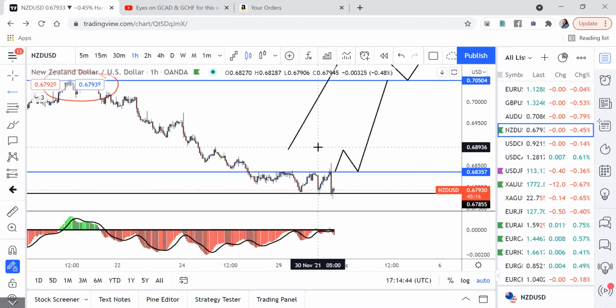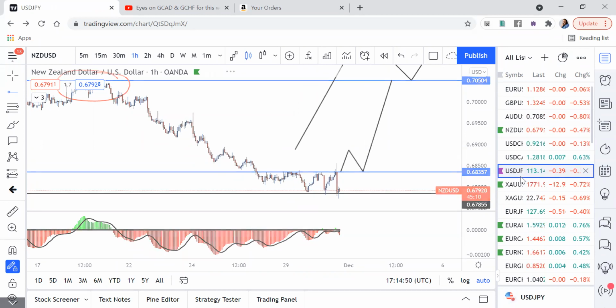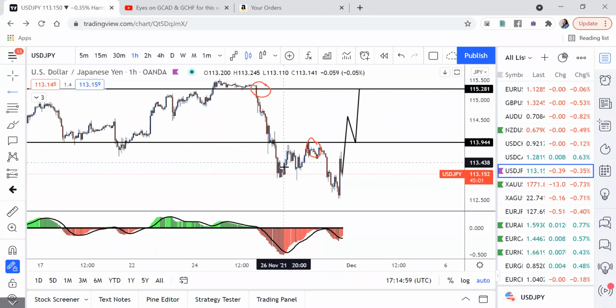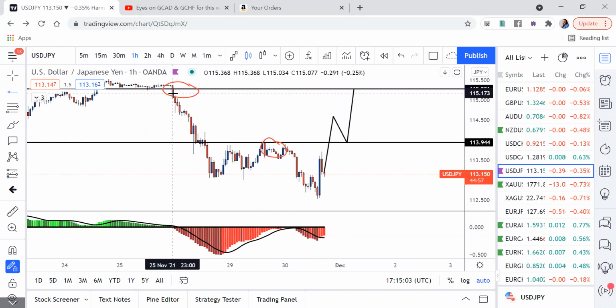Once structure is broken, more likely price is going to create some type of imbalance in that breakout. Now all you need to do is identify it. I identified that this was the last structure before price broke down here, and this was the imbalance candle. So I'm looking for price to come right into this zone and then sell.